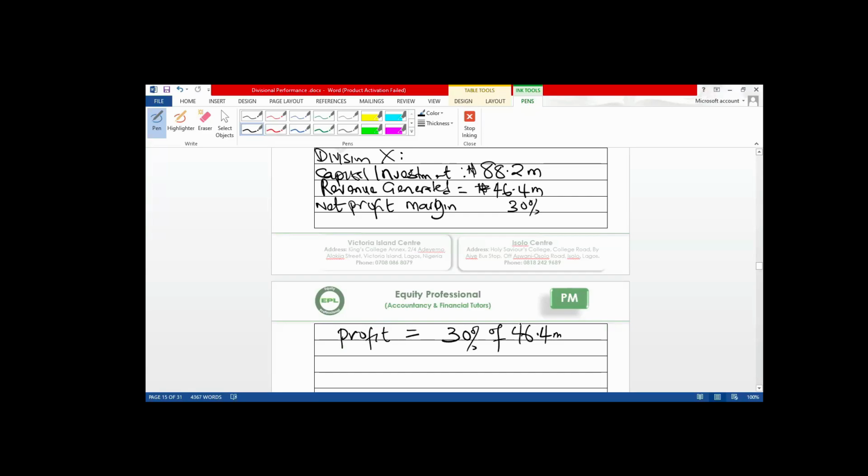Please derive your profits. That means profit is 13.92 million.